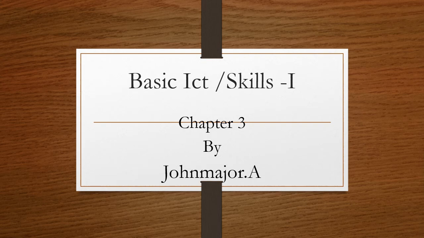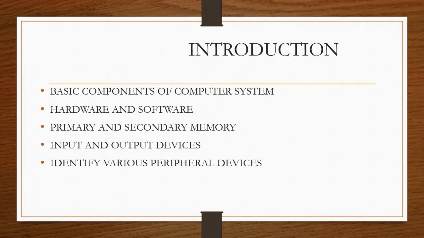Hello students, good morning. Today we are going to learn a new topic from chapter 3, Basic ICT Skills. In today's class we are going to discuss the basic components of computer system, hardware and software, primary and secondary memory, input and output devices, and identify various peripheral devices.